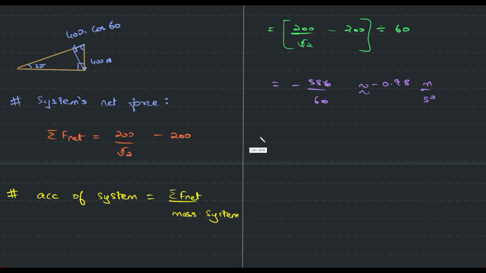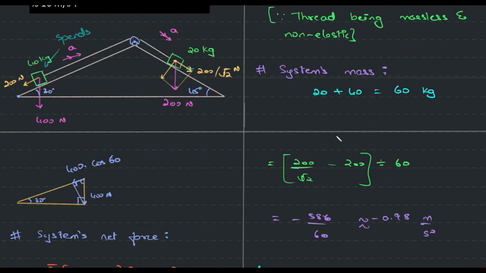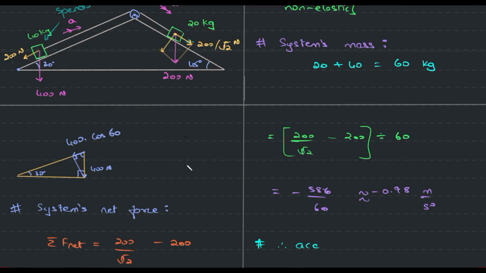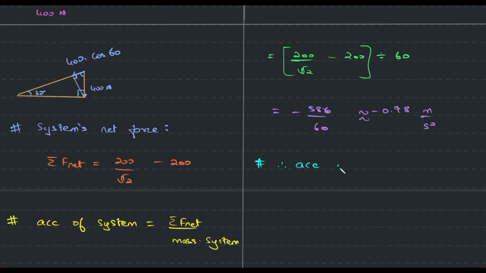So basically, negative indicates our initial assumed direction was wrong. It's the other way around. So therefore, what is it that we need to find actually? Determine the acceleration of the two blocks. The acceleration of the blocks is 0.98 meter per second square to the left.